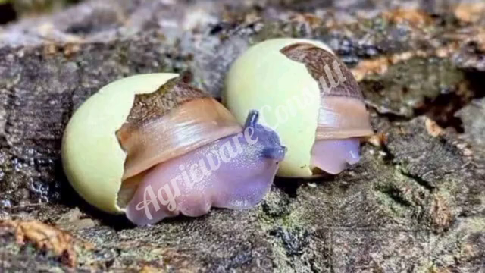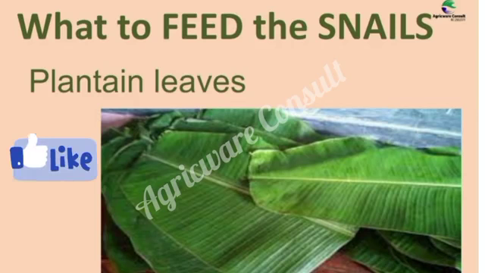So in this lesson we are going to discuss what you can present to your snails for optimal production in your snail enterprise. The first thing you can feed your snail is plantain leaves, or banana leaves.